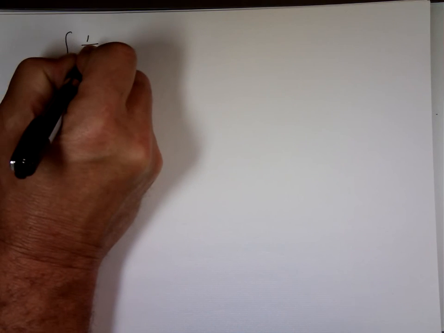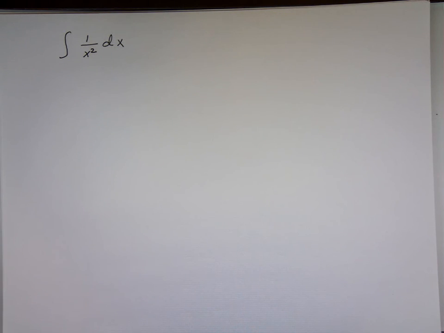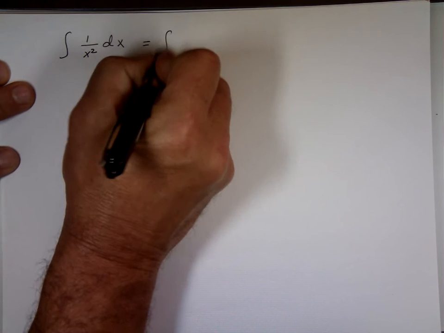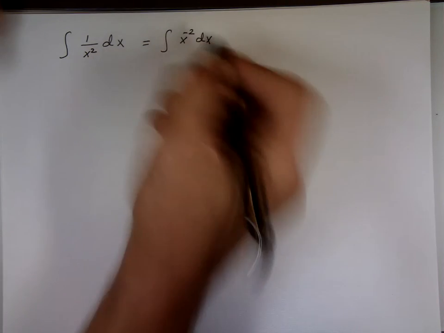What is the integral of 1 over x squared dx? No quotient rule here. Well, if you look at that, can you rewrite that problem? That's x to what power? As long as the power is not -1, we can always what?